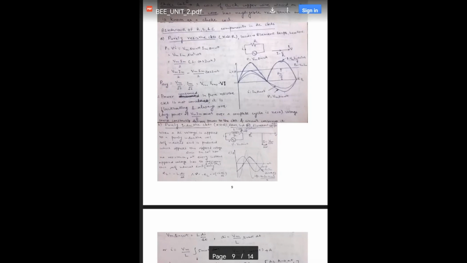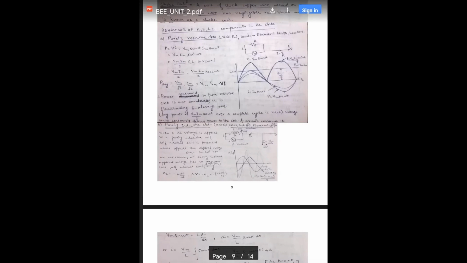So here we are dealing with the pure resistive circuit, and as I have mentioned to you, in the pure resistive circuit, the reactive component is very small in comparison to the resistive component. So it is shown like this. Since these are sinusoidal quantities, I is equal to Im sin omega t, V is equal to Vm sin omega t.